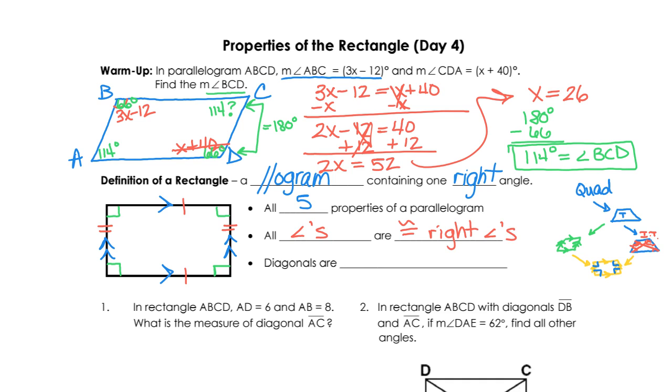Okay. And then the other property of a parallelogram is that the diagonals bisect each other. However, in a rectangle, because it's an isosceles trapezoid as well, the diagonals are congruent.